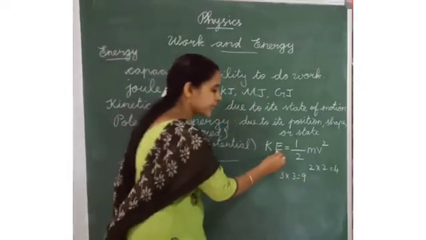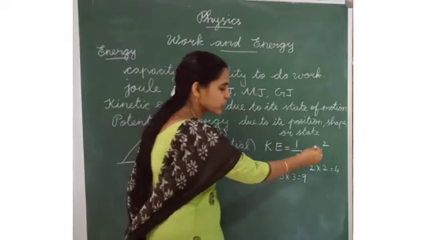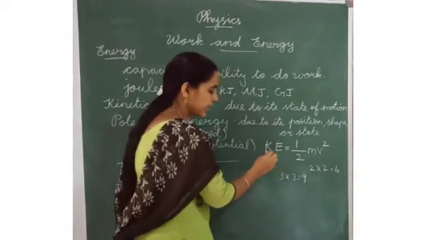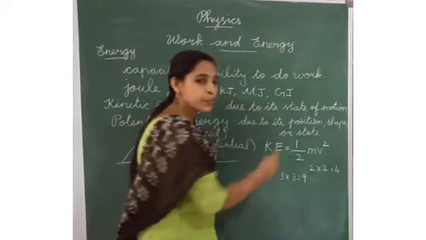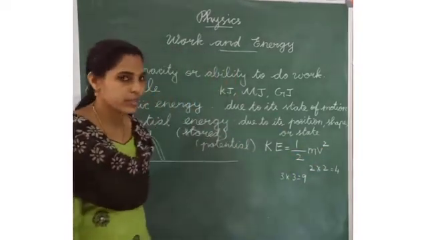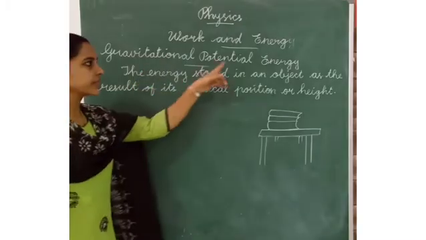So kinetic energy is directly proportional to the mass, and kinetic energy is directly proportional to the square of the speed of an object. Listen.